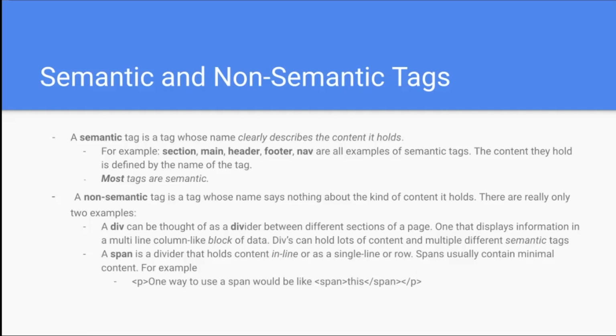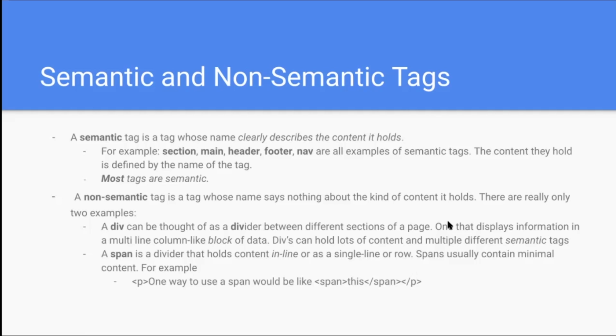There's a little more flexibility than that, but a div can hold multiple tags. It can hold all sorts of things. And divs typically render things in a block as a single paragraph of information, whereas a span, which is another common tag, holds things in a single long row of information.